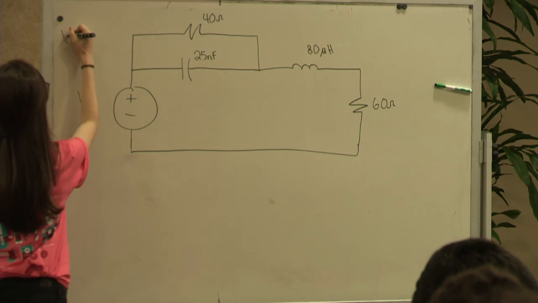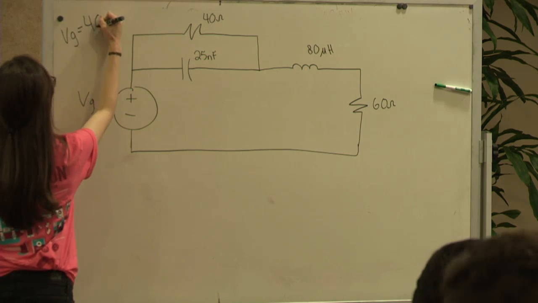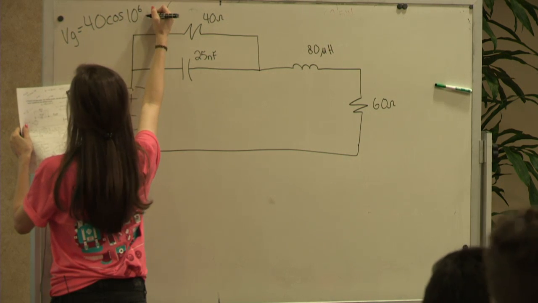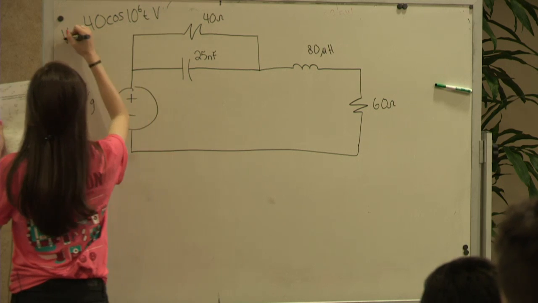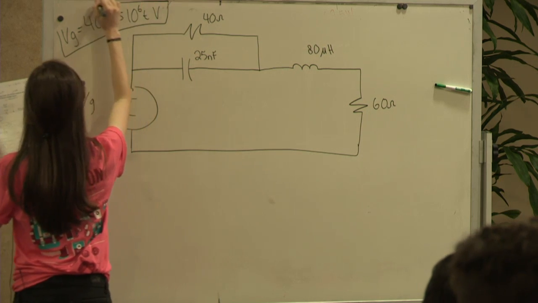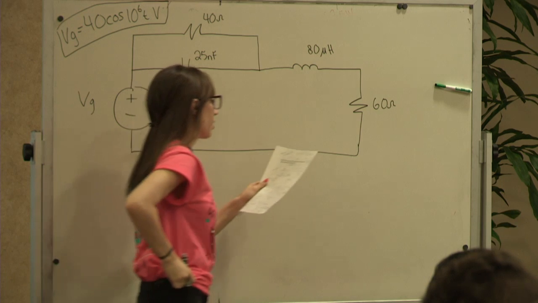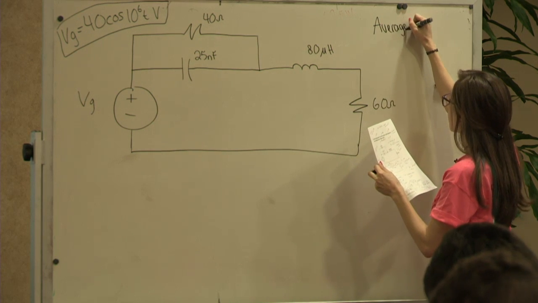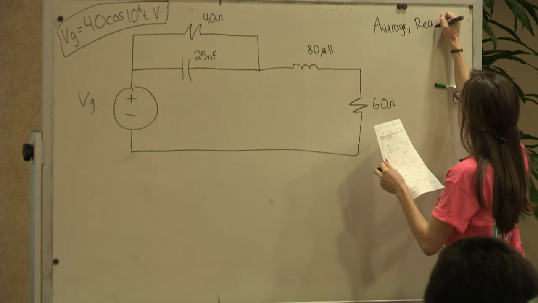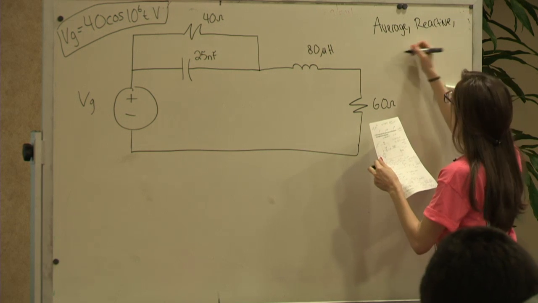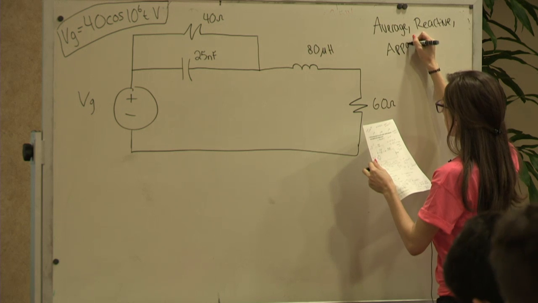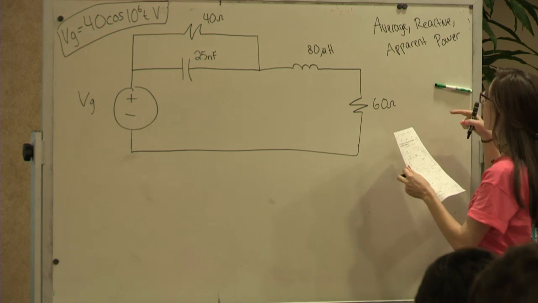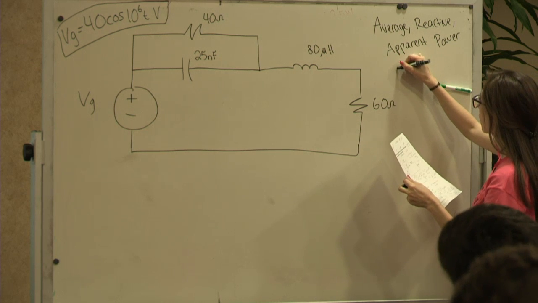So here VG equals 40 cosine 10 to the 6th t volts. And the question's asking for average, reactive, and apparent power supplied by the voltage source.